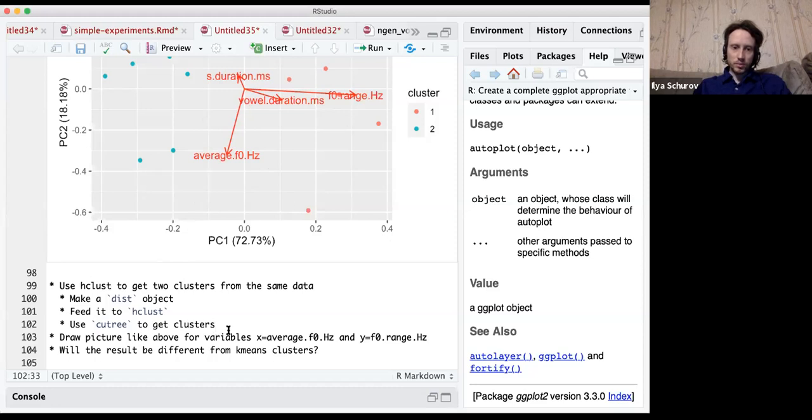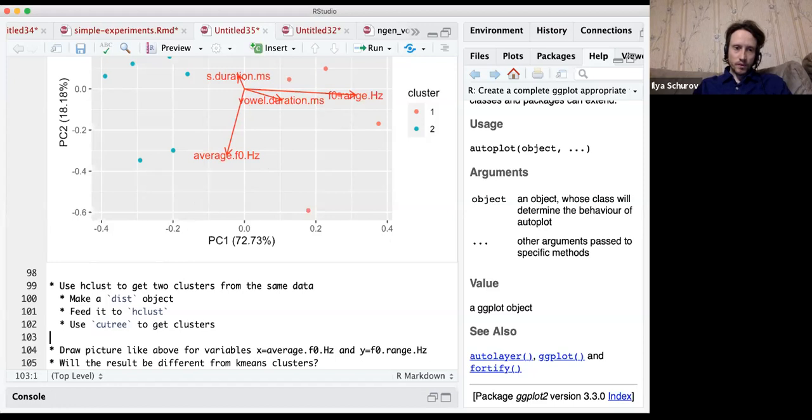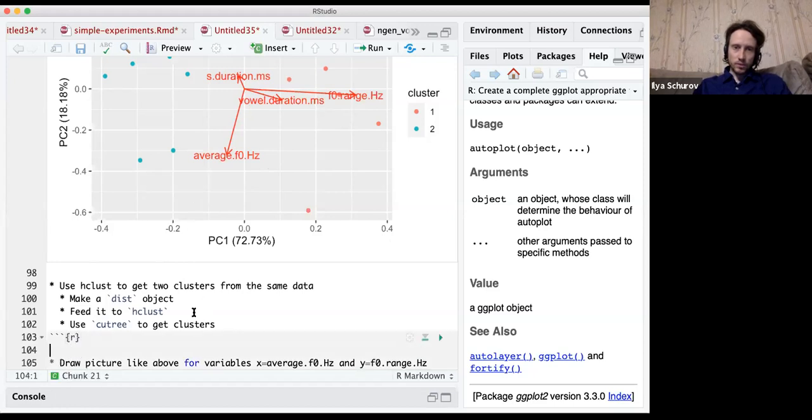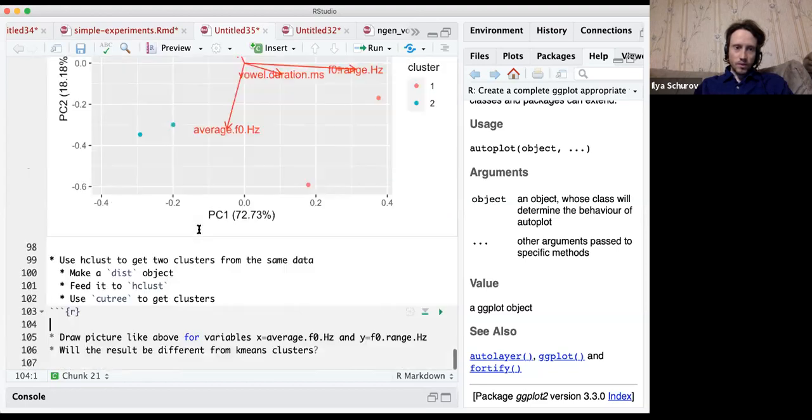So let me try to do it by myself. I will use clustering.